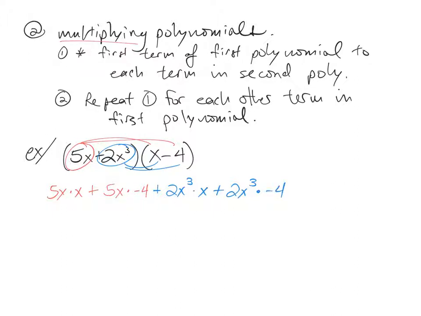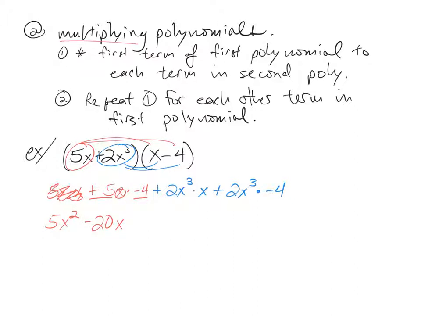And that is a lot of work, but we can combine some things here. X times x gives us x squared, and we're done with that term. Positive 5 times negative 4 is negative 20, and we still have an x left over, so that has to be part of the answer for that one.